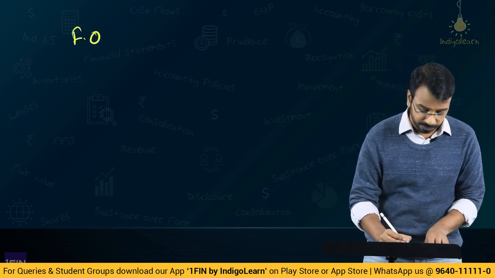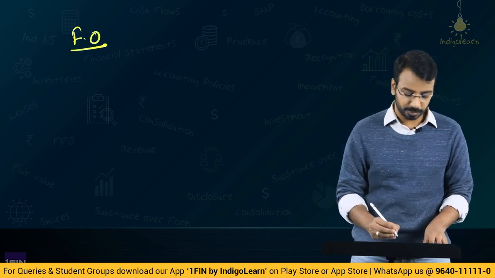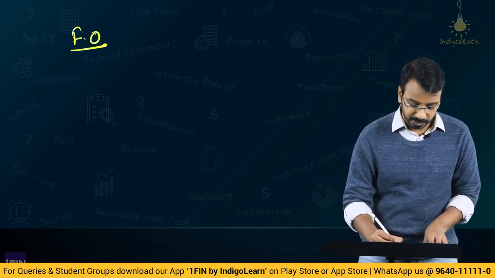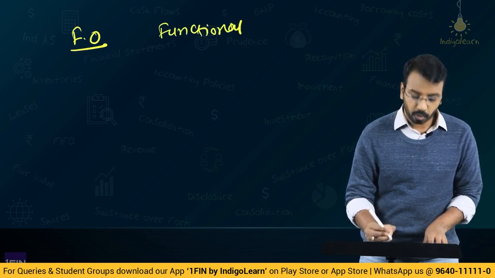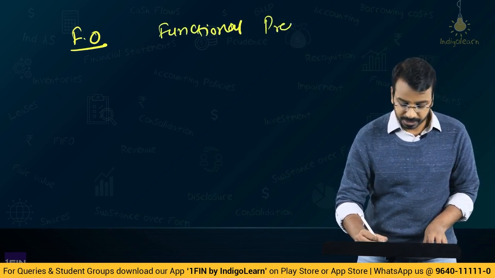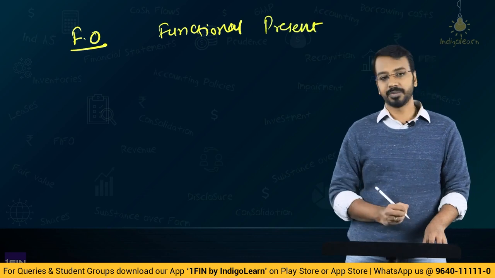Now one aspect where a lot of students get confused when it comes to foreign currency transactions is specifically with respect to translation. So there can be a foreign operation, and you have the functional currency of the entity and the presentation currency of the entity.